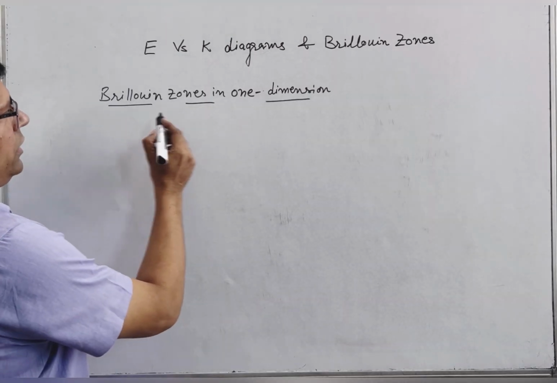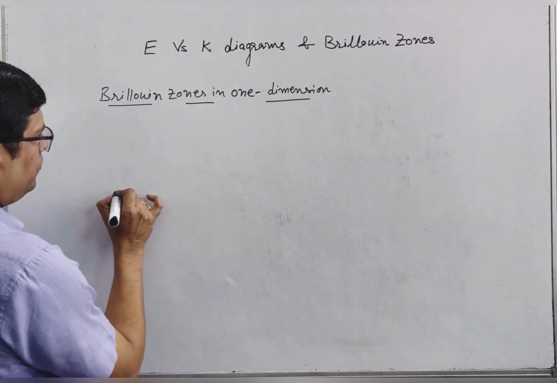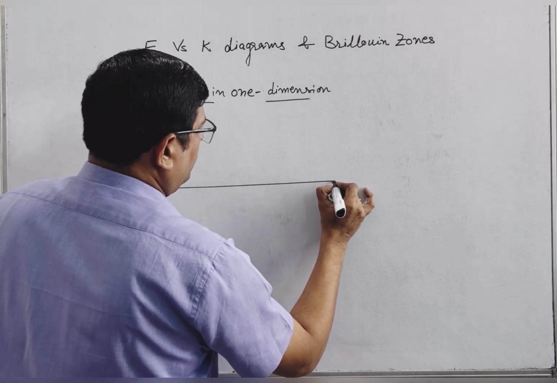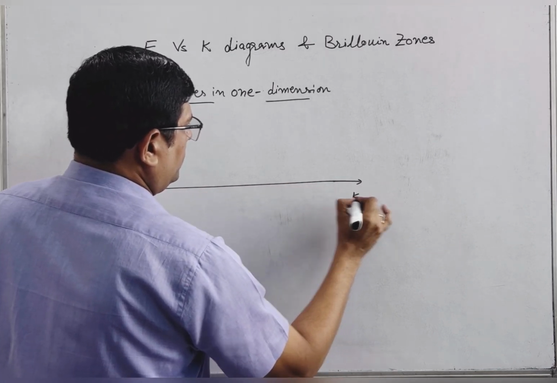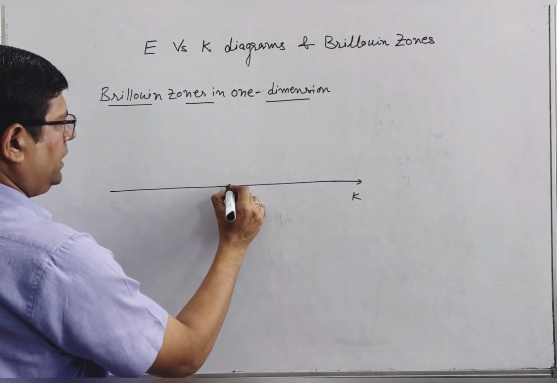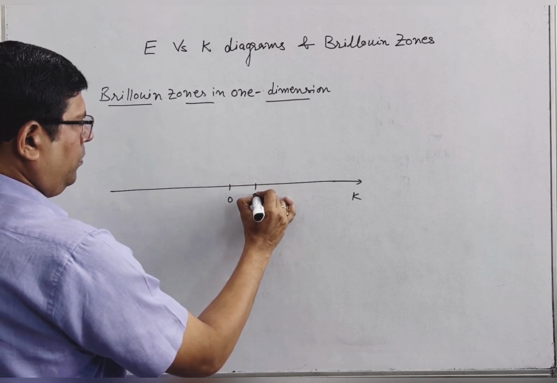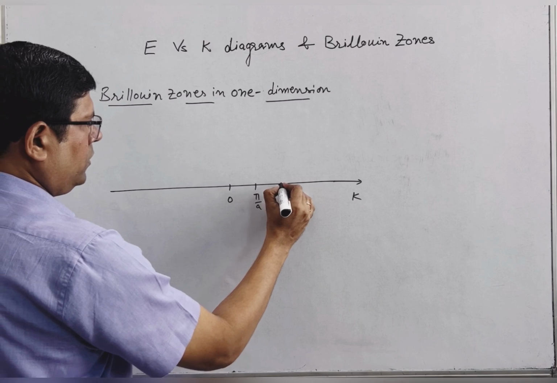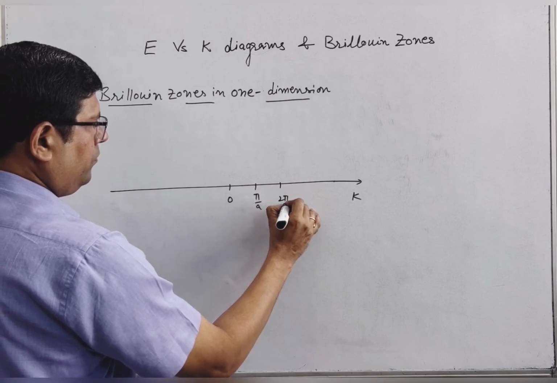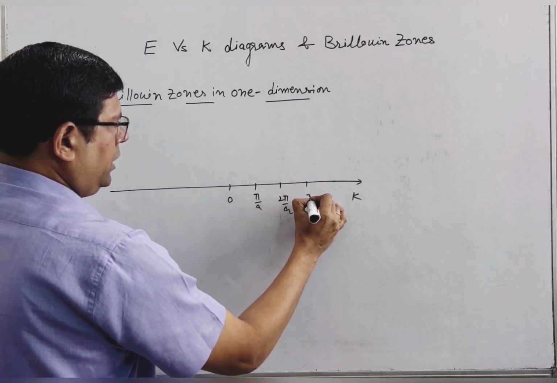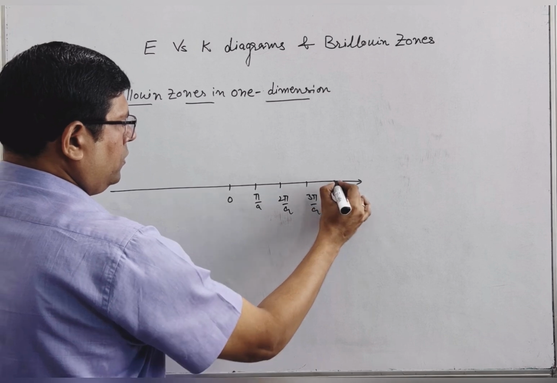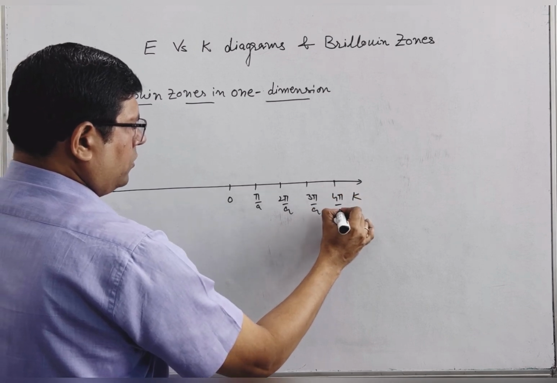Now we can draw the Brillouin zone in one dimension. So this is the line having the values of k. So 0, pi by a, 2 pi by a, 3 pi by a, 4 pi by a and so on.